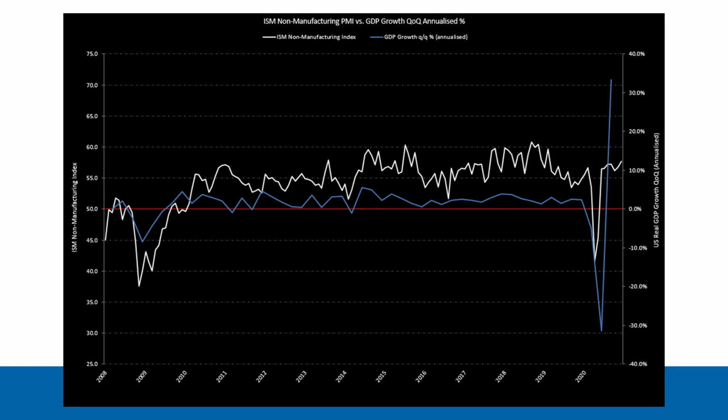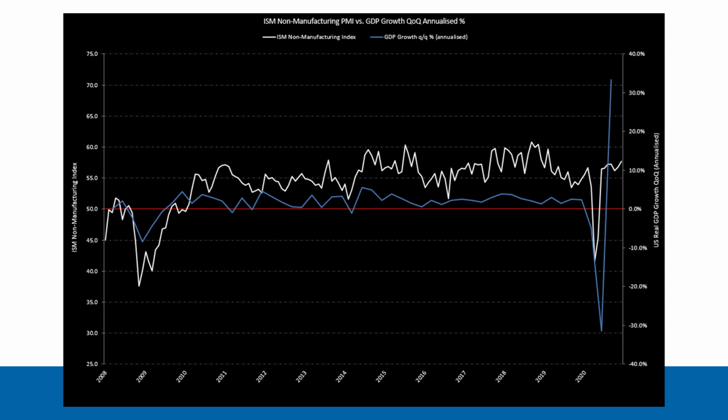And during the expansionary period, for the vast majority of that period, we get GDP growth quarter-on-quarter annualized going in the same direction, positive, as the non-manufacturing index.